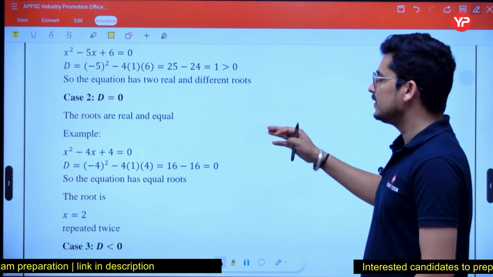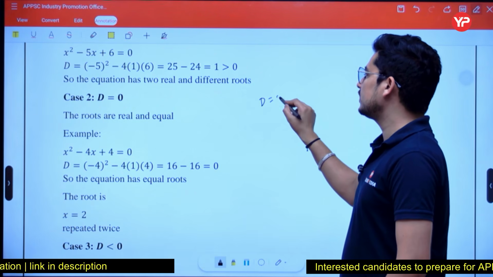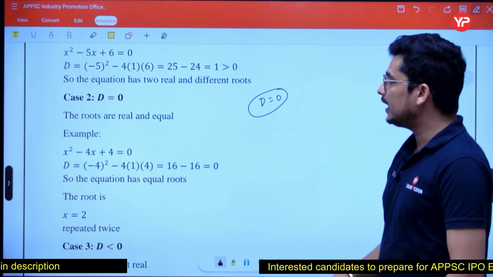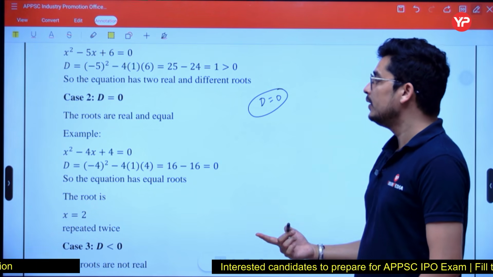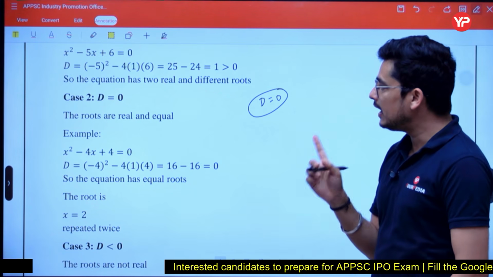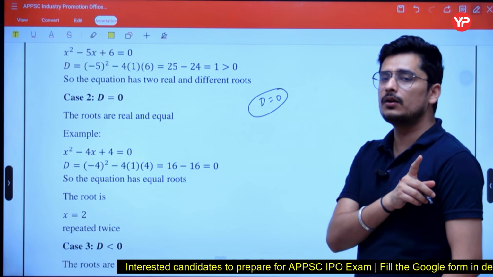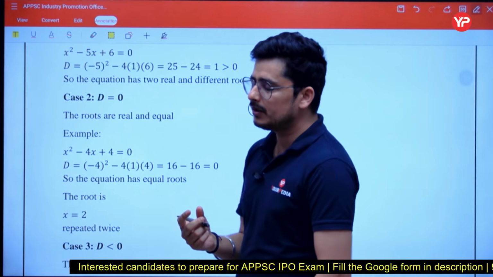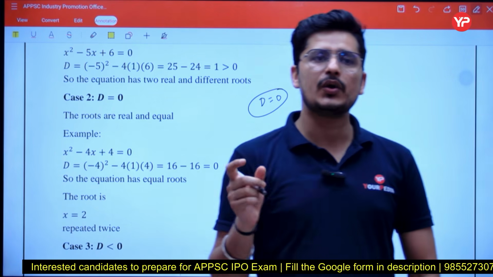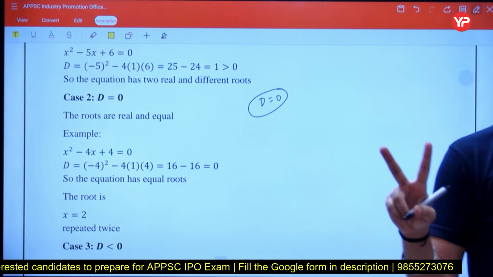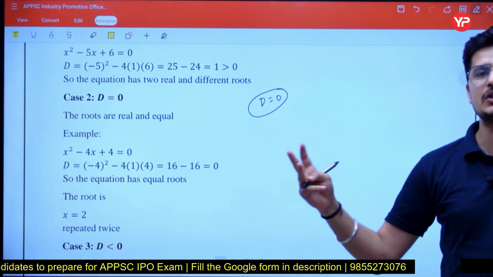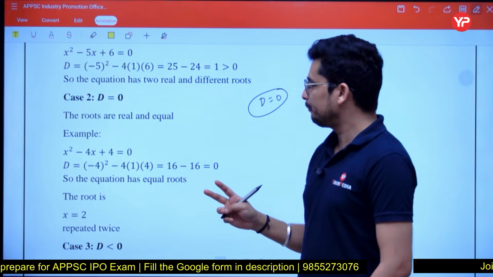The second case, if your D is 0, discriminant is 0, then the given equation will have real and equal roots. Always remember one thing, every quadratic equation will have two roots, right? If it is a cubic equation, it will have three roots.